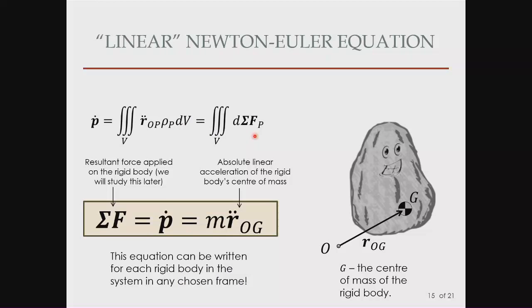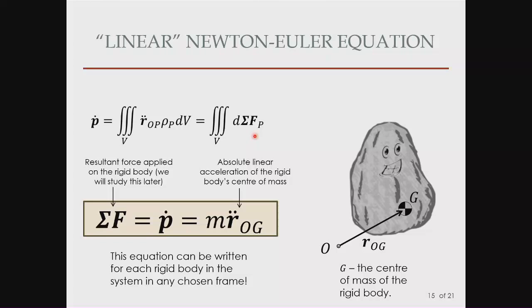Let's say this is the rigid body, and I split it into these cells, and each cell is a volume dV. If I take this one out to look at, it has forces applied on it.